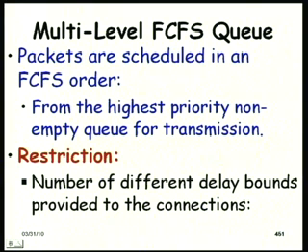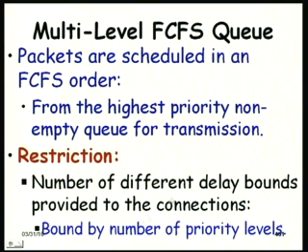So, how do the priorities get assigned? The priorities are assigned by the different delay bounds that have been promised to the different connections. The number of delay bounds that can be promised to different connections depends on the number of priority levels, the number of FCFS queues that can be supported.